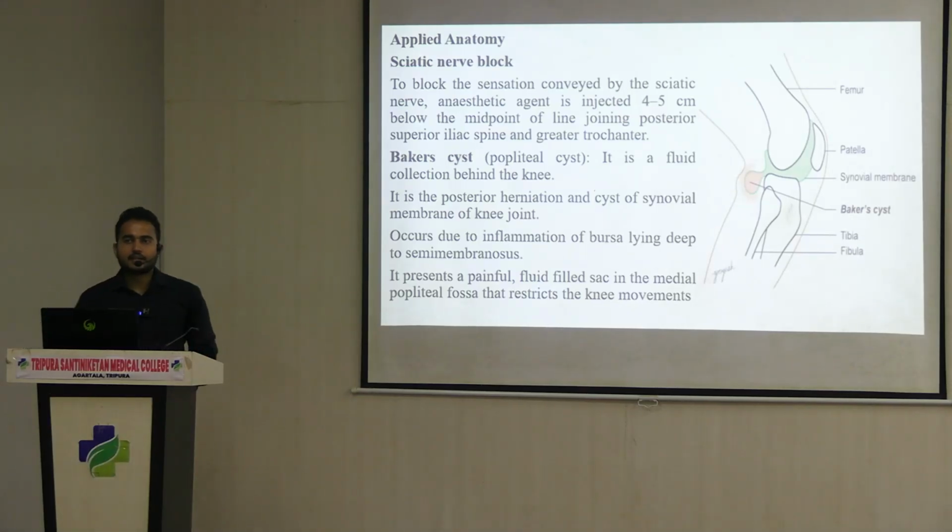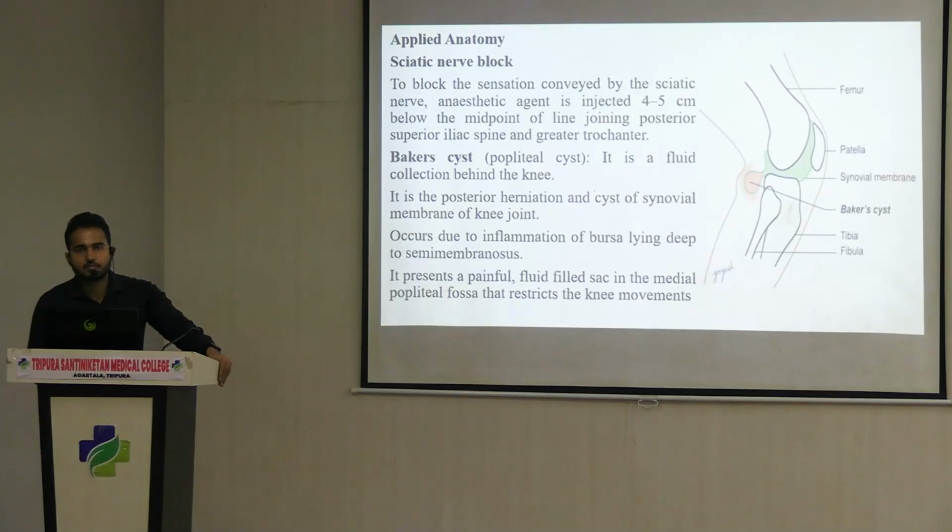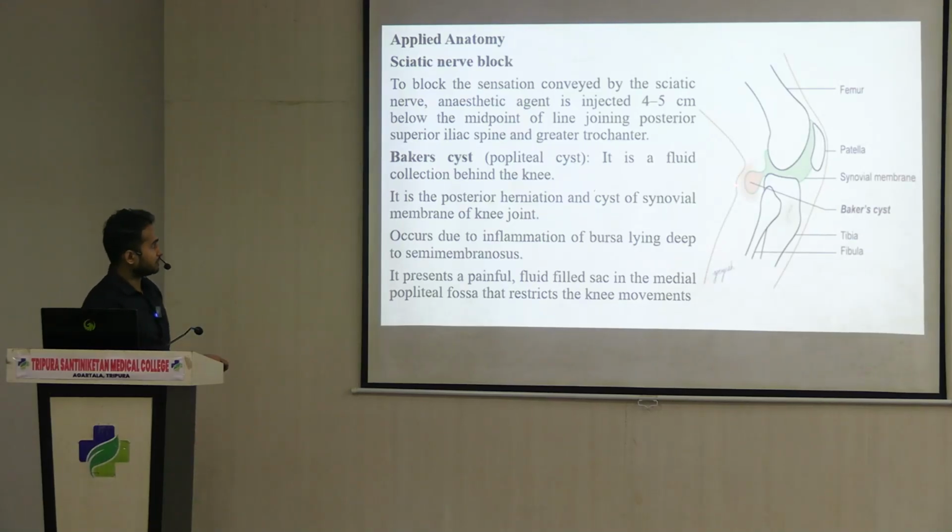Next, in the knee joint, I know you have studied the applied anatomy. Now, there is an important applied aspect of the knee joint called Baker's cyst, as you can see in the diagram, also called popliteal cyst. So what happens in this? Fluid collection occurs behind the knee joint. Here, posterior herniation of the synovial membrane is taking place.